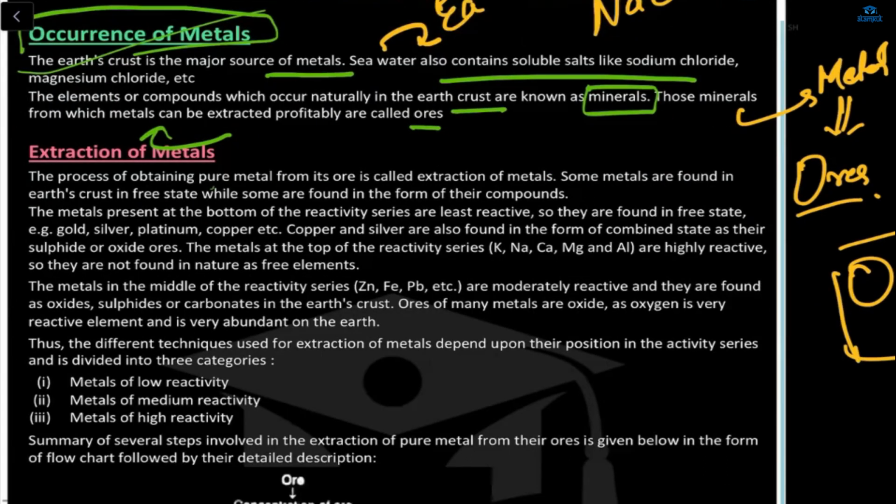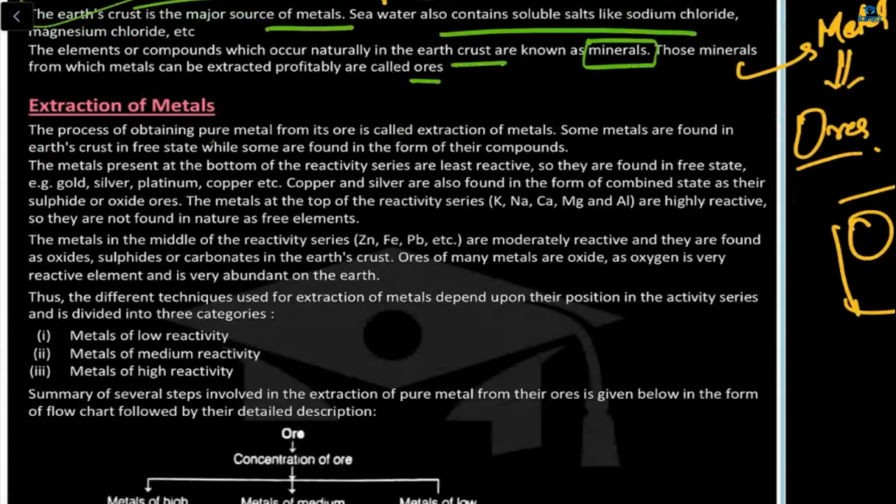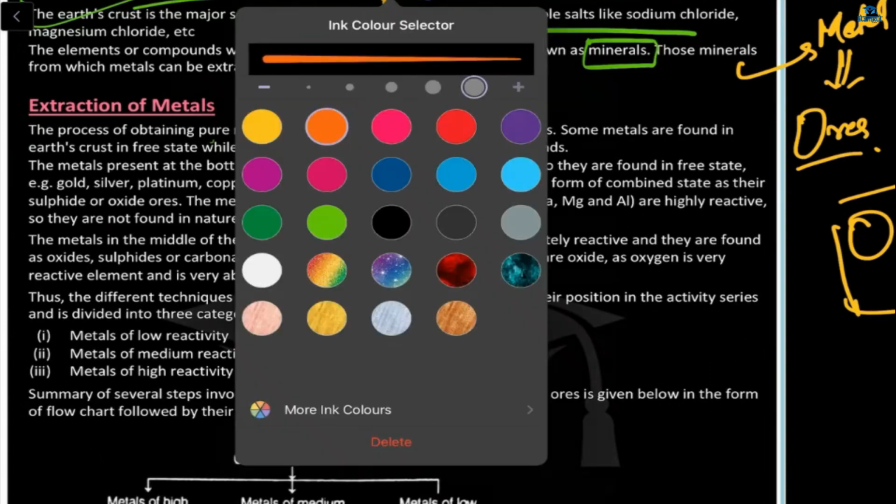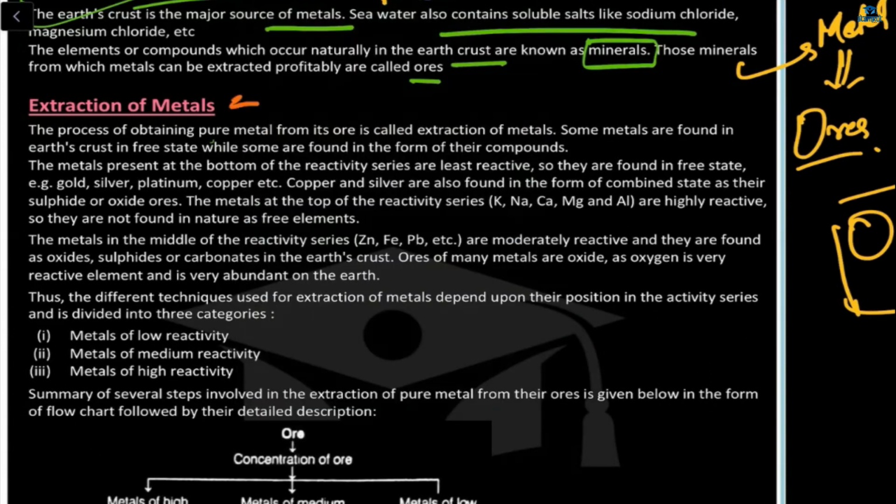Now, next, what is extraction of metals? How can we extract metals from minerals? The process of obtaining pure metal from its ore is known as extraction of metals.